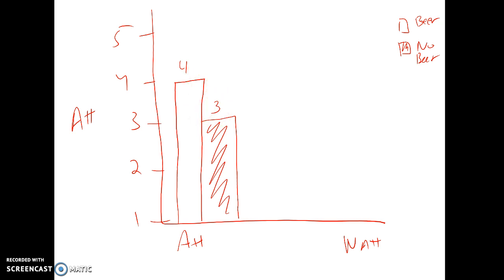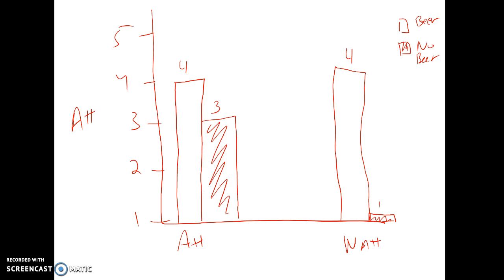On the other side, the non-attractive photo with no beer should get like a 1. And what's going to happen with the non-attractive photo with beer? Let's give it a 4.